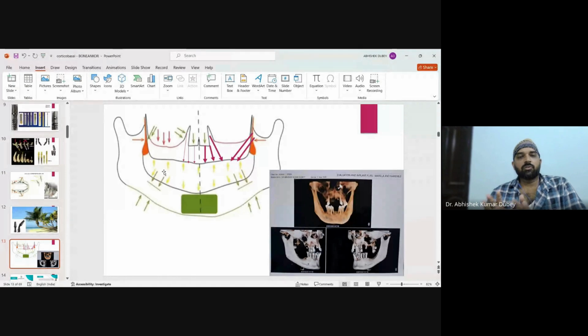That means I have to place 1/4 and 2/4 in an angulated manner so that I can cover it from the nasal floor as distal as possible, and then again place two pterygoids so that I can minimize the inter-implant distance. The same I have tried to depict with broad purple arrows in the picture. Okay.